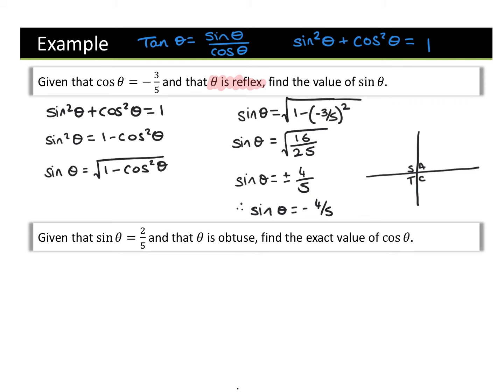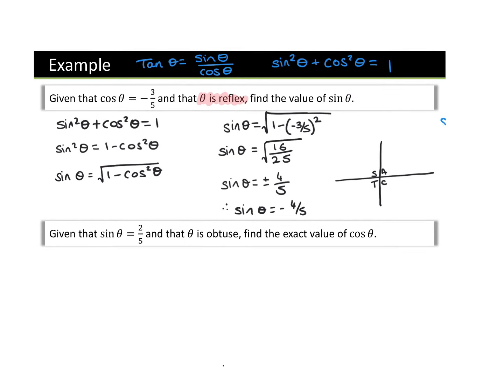Does anybody want me to go into more detail with this explanation? No? Okay, so we're just going to do a little side note. Let's say sine theta equals 4 over 5. What does theta equal, everyone?